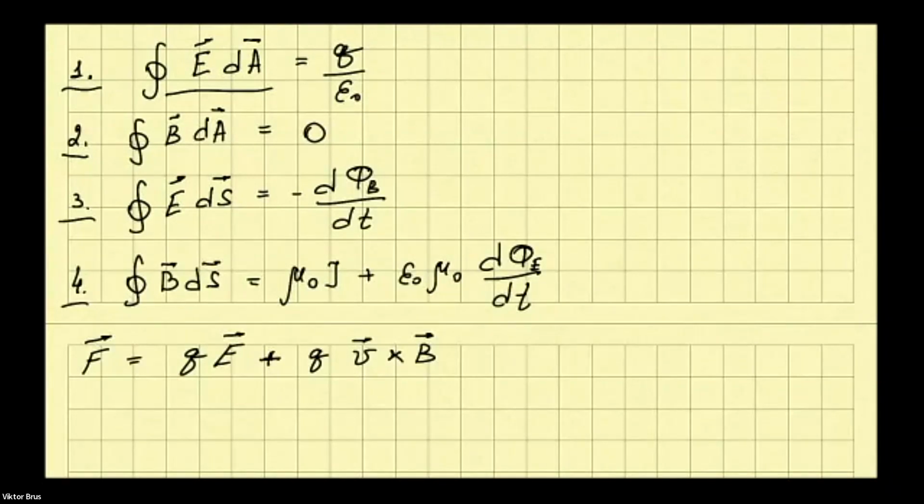So now we show with this equation that there are two sources of magnetic field.